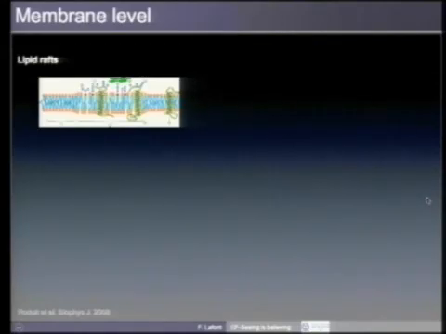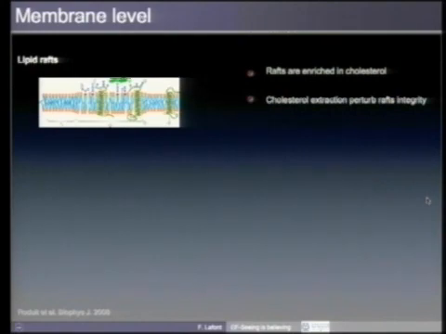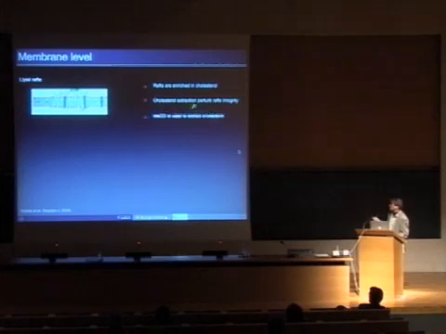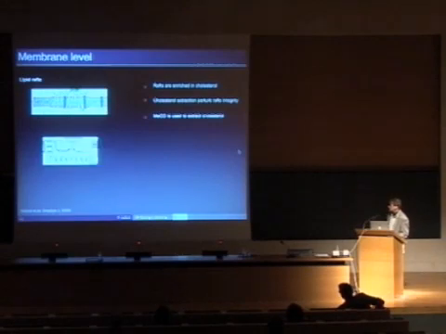As a proof of concept, we can talk about rafts. They have been introduced already today, but I will just add 2 lines of information. First, they are enriched in cholesterol, and if you extract this cholesterol, then you will perturb the structure of those domains. You can extract the cholesterol using a drug called methyl beta-cyclodextrin.